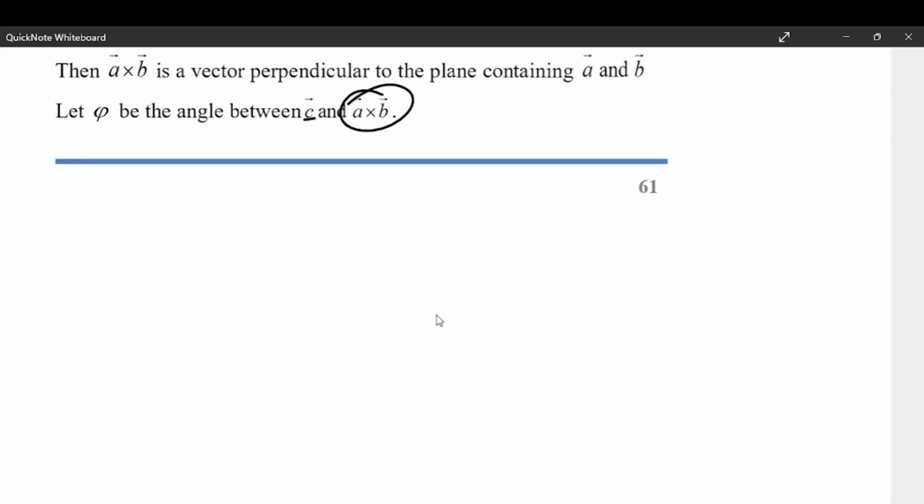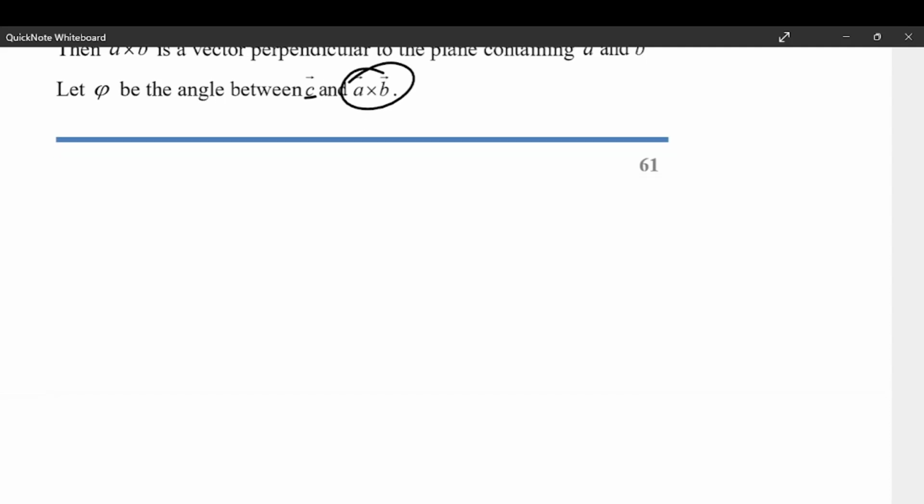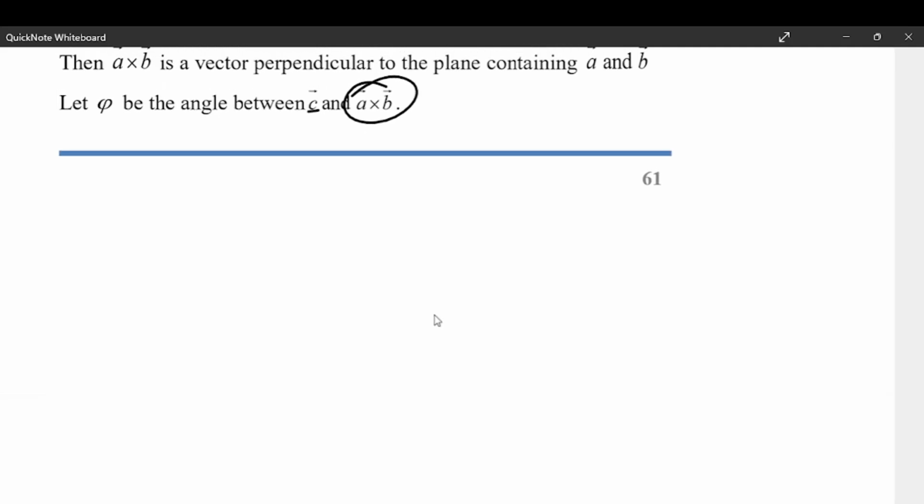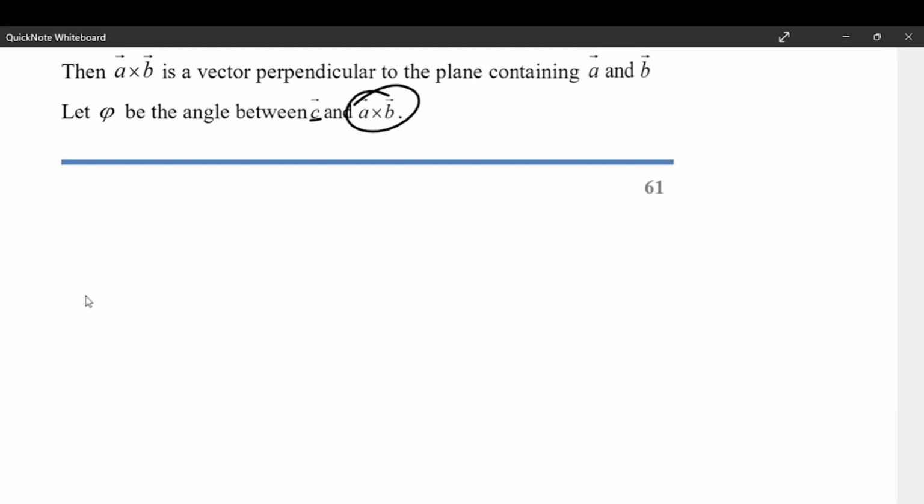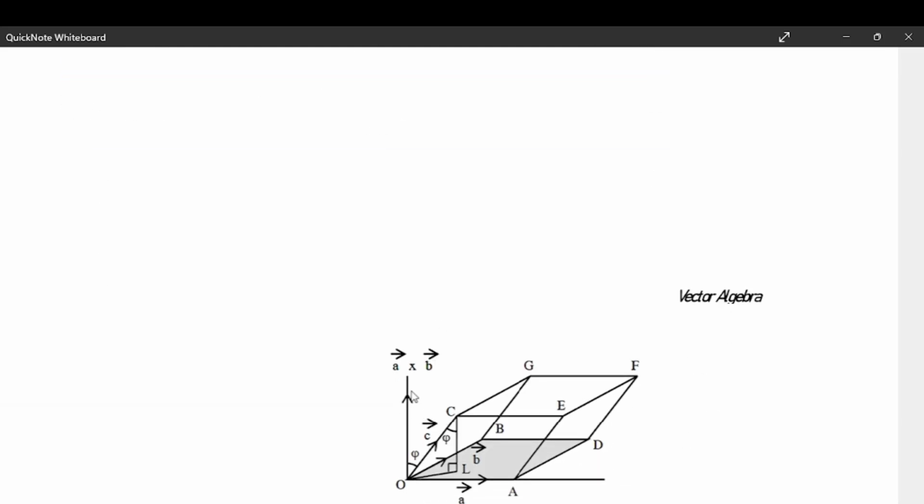And so we are saying that the cross product of A and B, or A cross B, is a vector which is also perpendicular to the plane containing A and B, and phi be the angle between C and A cross B. So A cross B is the vector which is perpendicular to this one.